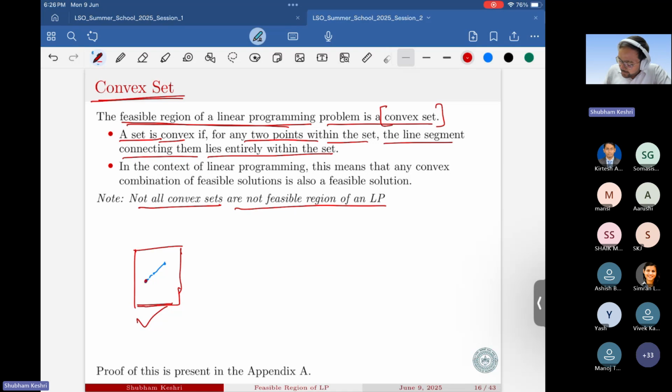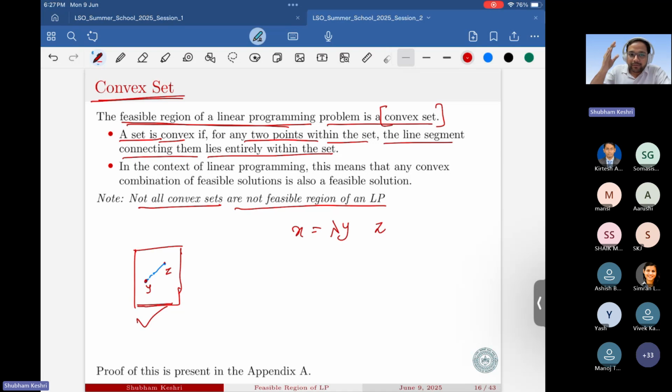When I say take two points and connect them via a line segment, doing this is known as a convex combination. So what does it mean? Suppose you take point Y and point Z, and you want a point in between these two points.